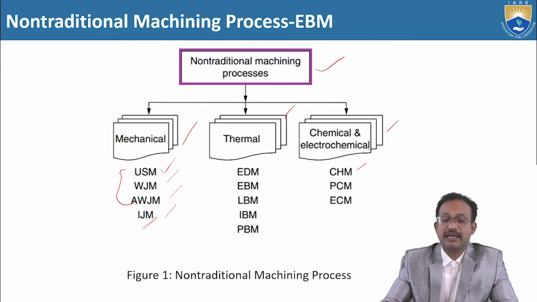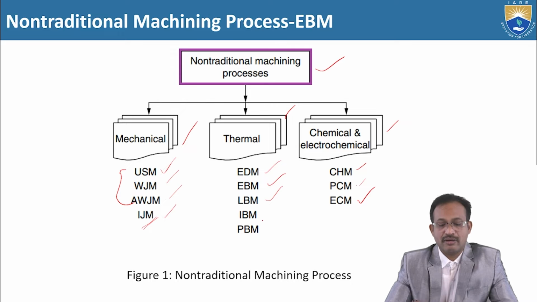Under chemical and electrochemical, chemical milling, plasma chemical milling, electrochemical milling. Under the thermal category, electro discharge machining, electron beam machining, laser beam machining, ion beam machining, plasma beam machining.